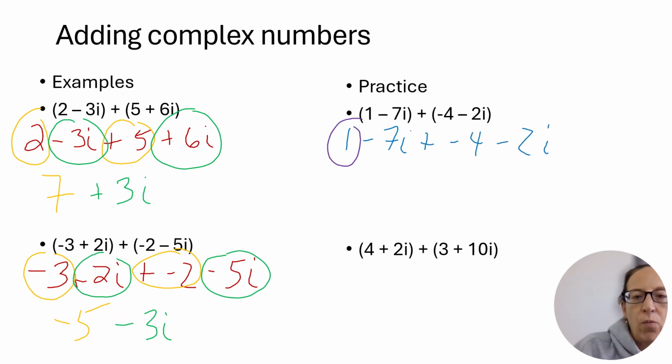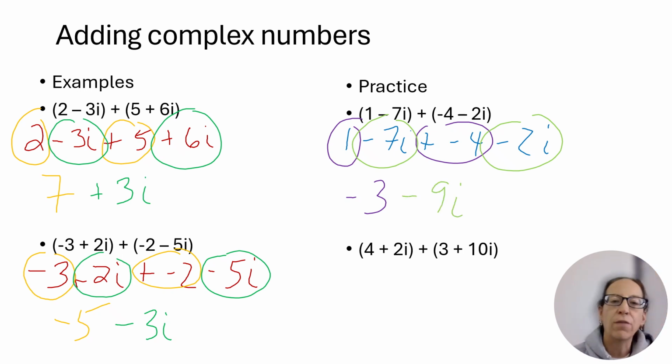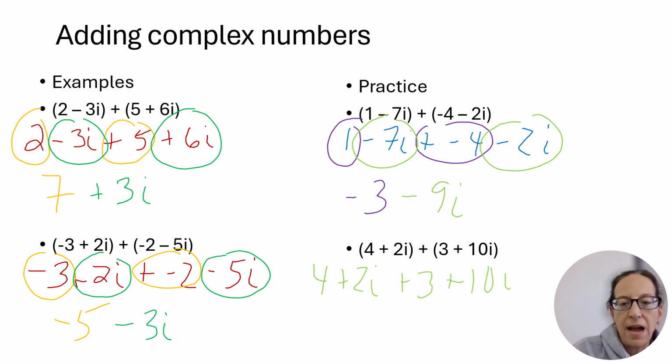And so I have 1 plus negative 4, which is negative 3, and negative 7i minus 2i, which is negative 9i. So we have negative 3 minus 9i is what we should have there. Okay, next one is 4 plus 2i plus 3 plus 10i.